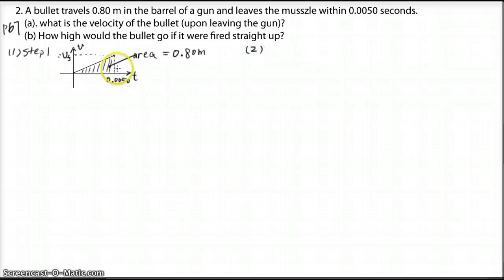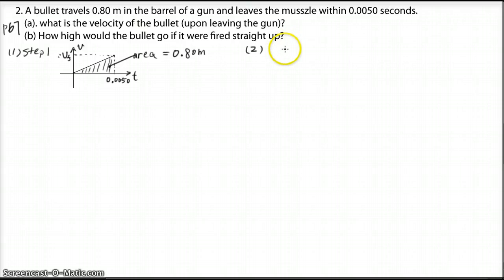You can use the graph to help you understand, or you can simply use the graph to solve the problem. But let us write a list of the information given.